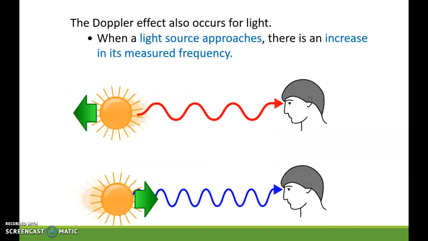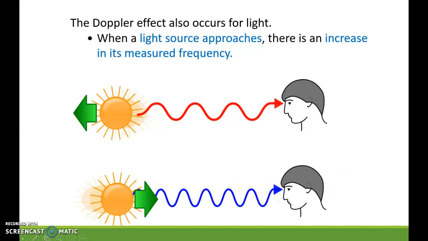All right, another thing that is interesting about the Doppler effect is the appearance of color. Okay, so when a light source approaches, there is an increase in its measured frequency. So that means if it's leaving, going out, sorry, this direction, you're going to see more red. Coming in, you're going to see more blue.